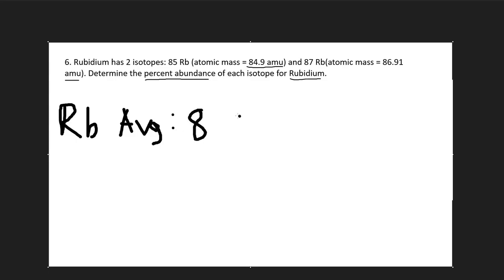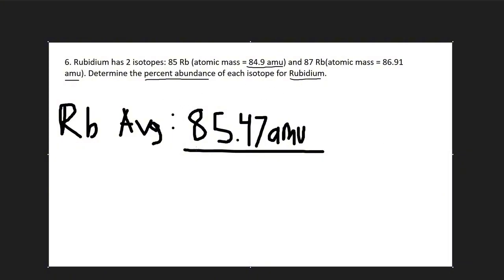That's just from my periodic table. So now that we have the average atomic mass, we know that this is the value of all the isotopes of rubidium together. This is 100%, basically.